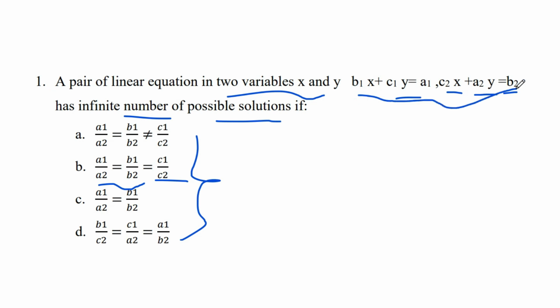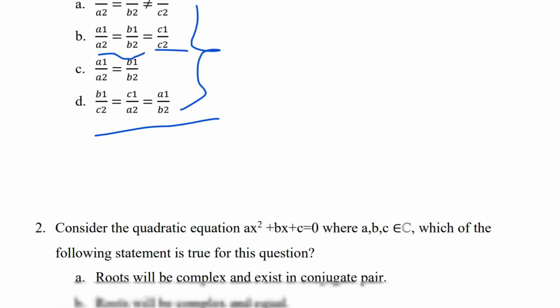Hence, for this set of equations, the final solution will be if b1 upon c2 is equal to c1 upon a2 is equal to a1 upon b2. That means the final answer will be option D, that is b1 upon c2 is equal to c1 upon a2 is equal to a1 upon b2.